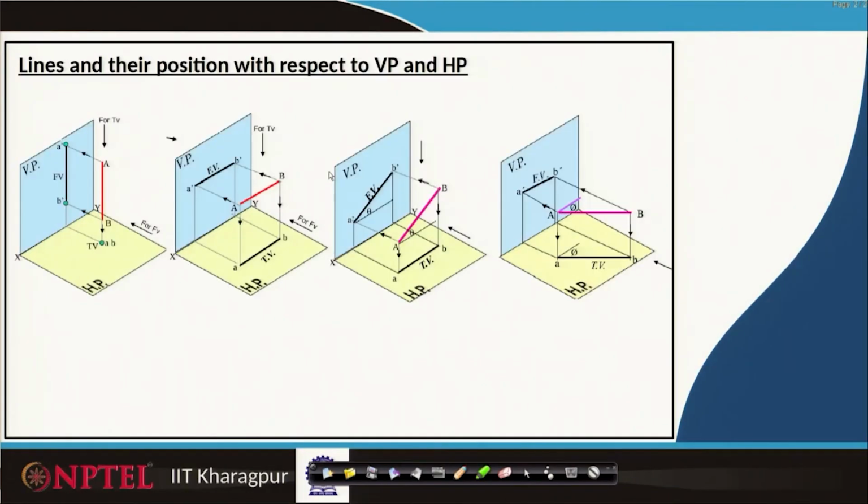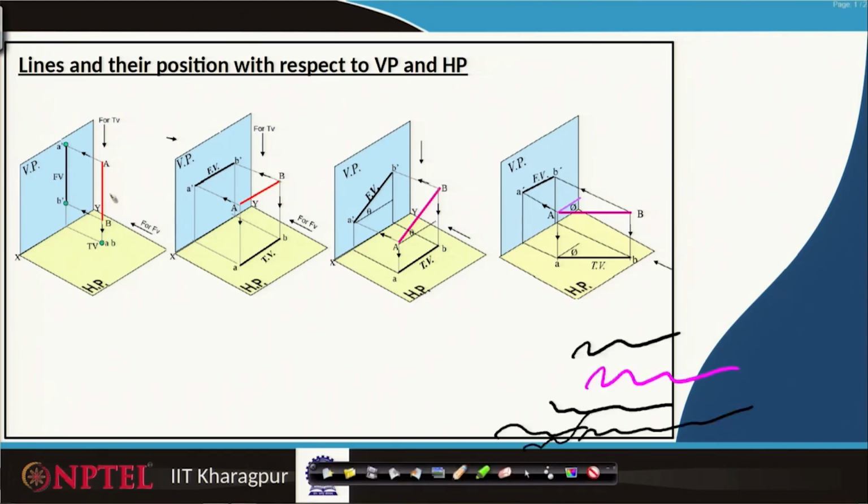In this orthographic projections, in the last class, we have learned about different kinds of projections of a line. For example, a line which is perpendicular to the horizontal plane and perpendicular to that vertical plane, how it really turns out to be in terms of projections.